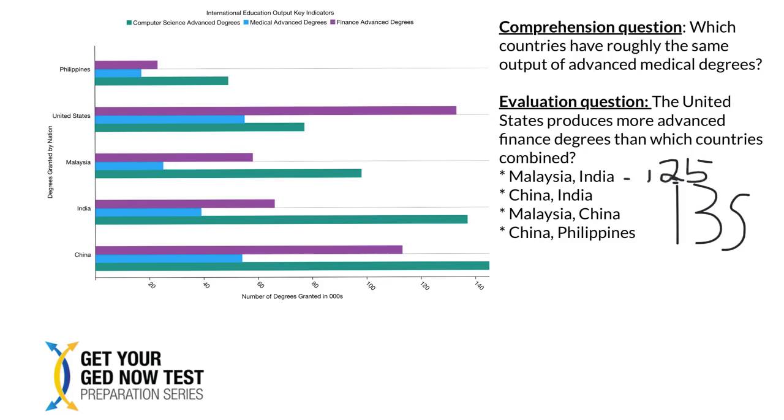Then the second one is China and India. So China's over here. That's probably about 115. And then India right here is probably about 65. So 115 plus 65 is 180. So that is clearly over the 135.